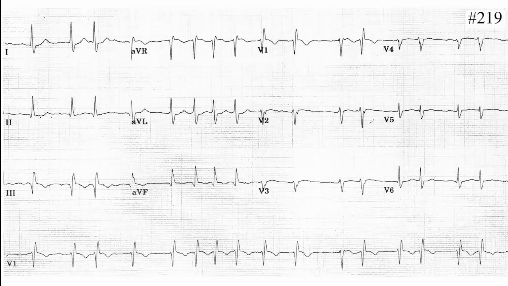QRS, is it wide or narrow? It seems wide. Okay, wide. And then the axis, it's positive in lead 1 and positive in AVF, so it's the normal axis.